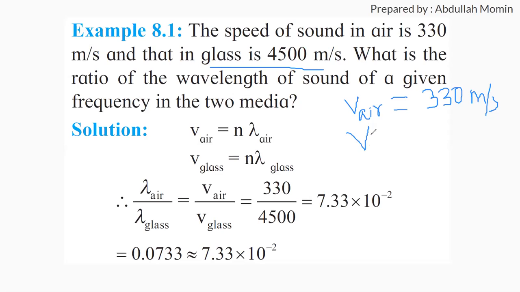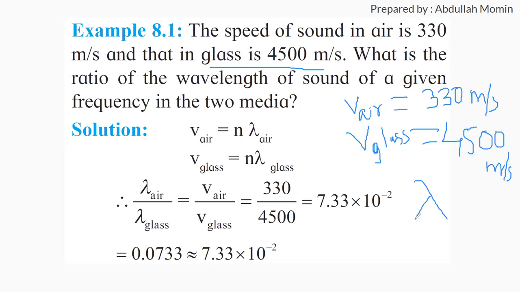So we will write it as V glass. So V air and V glass is given, and we are supposed to find out the ratio of wavelength of sound of a given frequency.